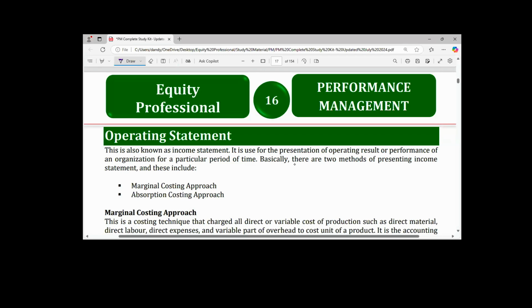I started with the marginal costing concept, saying that the marginal costing approach is a technique that charges the total variable cost of production to the unit cost of a product, including the direct material, direct labor, direct expenses, and variable overhead. So when you want to determine the unit cost of a product, only the direct cost or marginal cost or variable cost of production will be charged to the unit cost.